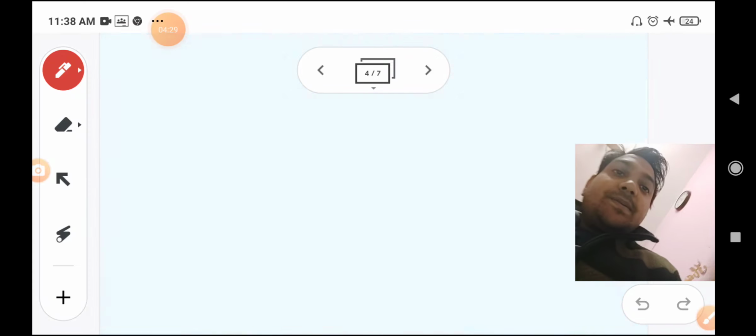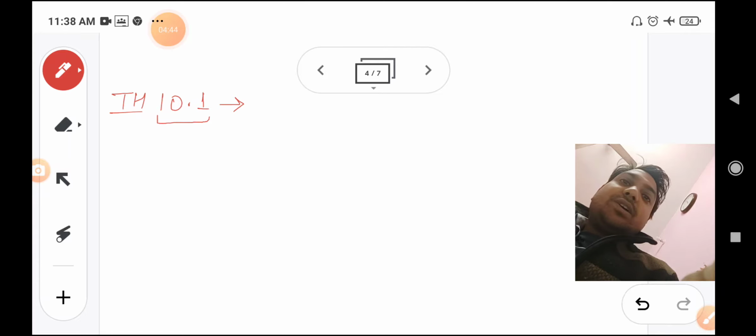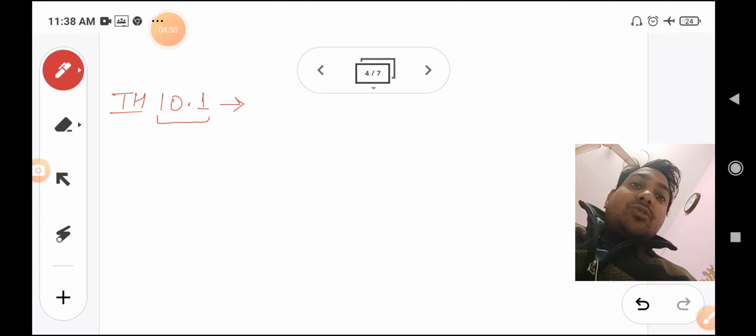You write Theorem 10.1. It's a very important theorem, and I think if you practice two or three times, then you will be able to prove this theorem very well, right?